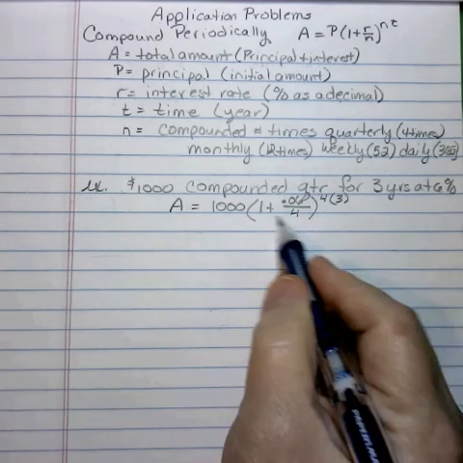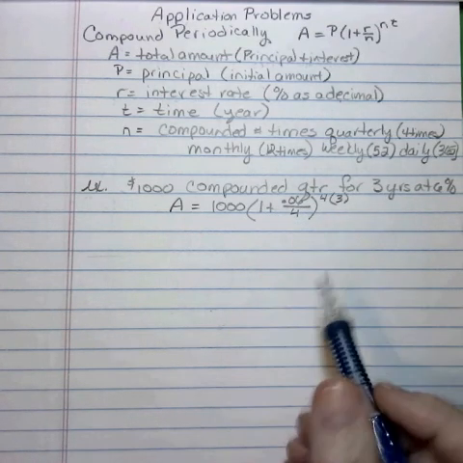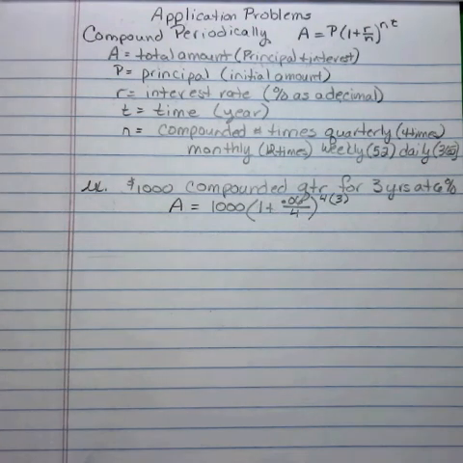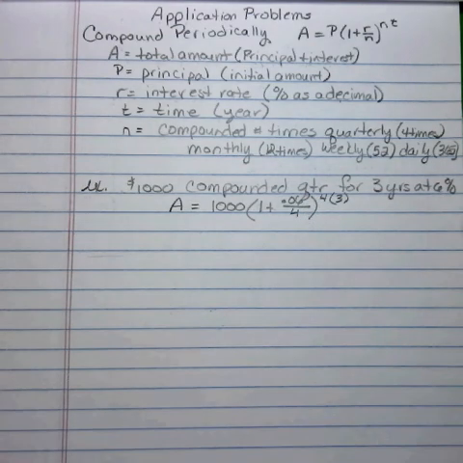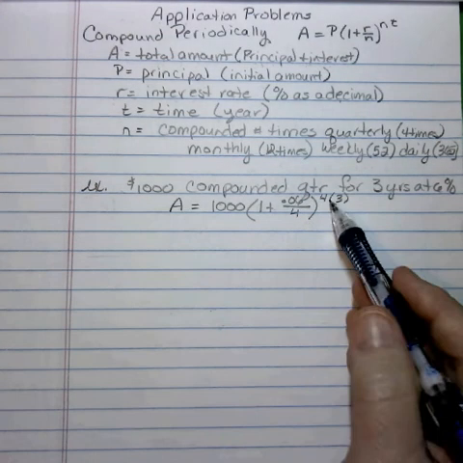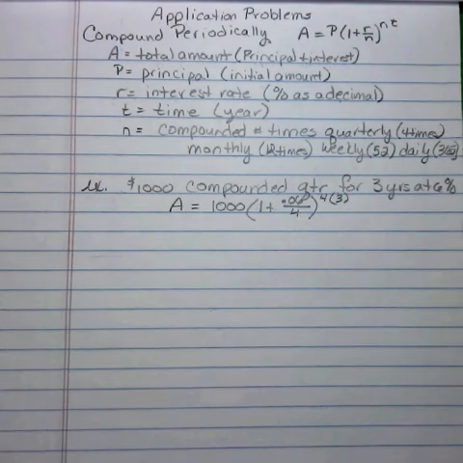So the first thing we need to do is to calculate this amount inside of the parentheses and get that amount. You can do the whole thing in your calculator at one time, just to be sure you use your parentheses in the correct place. With your fraction, be sure you put a parenthesis around the entire thing before you raise to a power.